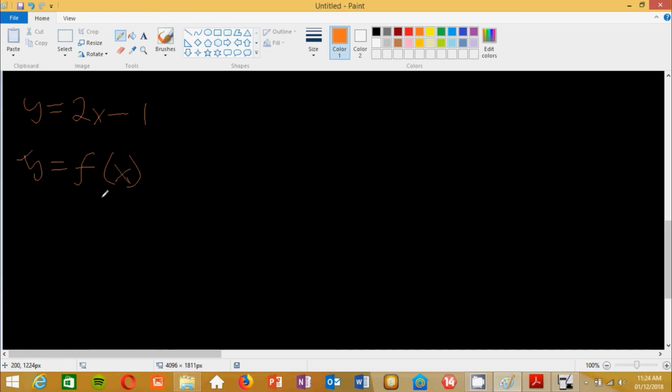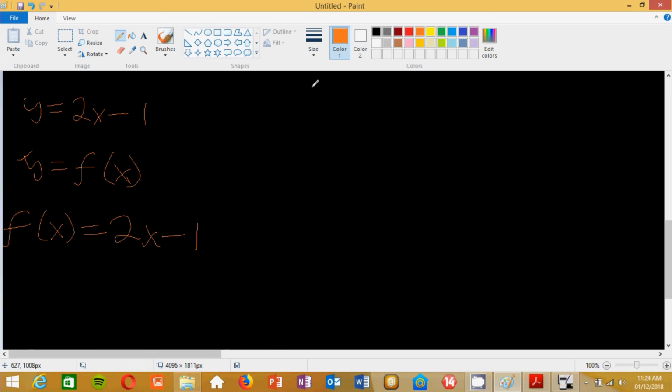So another way of writing this is we can say f of x is equal to 2x minus 1. This is quite a simple idea to understand. If y is equal to f of x, then f of x can be placed here instead of y, and then we have f of x is equal to 2x minus 1.